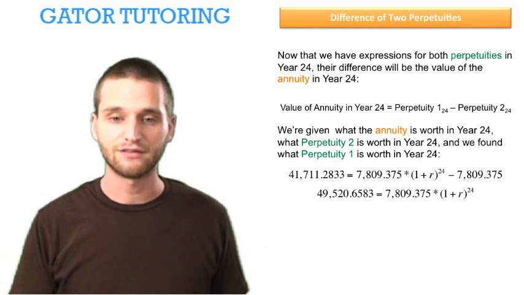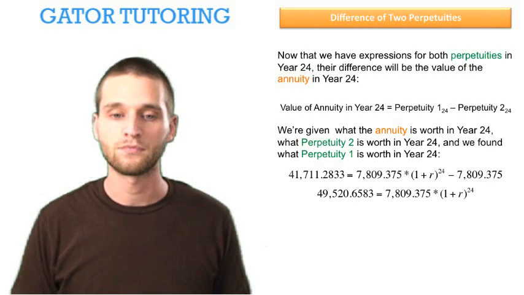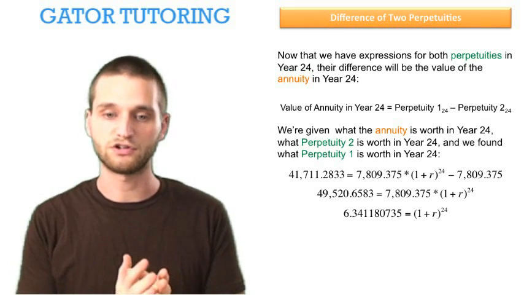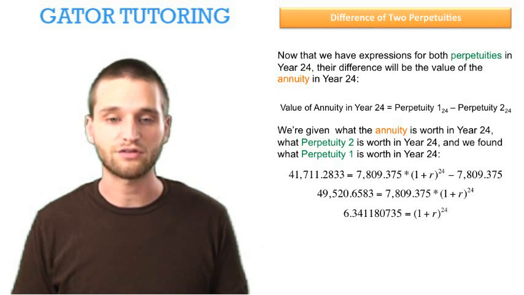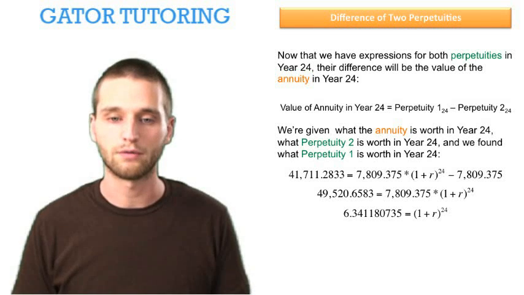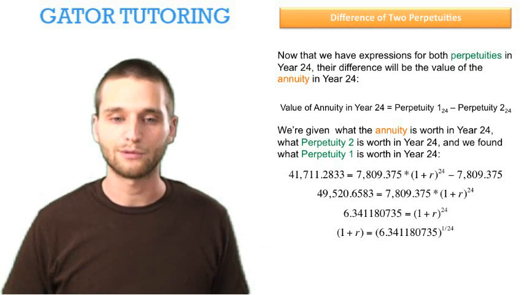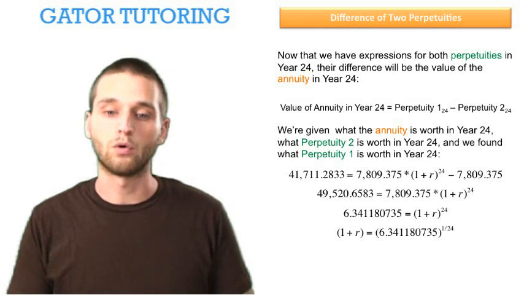First, we want to add the $7,809 to both sides to eliminate it, and then we want to just divide by the $7,809. That's the coefficient on the 1 plus r raised to the 24th power. And we get 6.34 equals 1 plus r raised to the 24th power. To get rid of that 24th power, we just raise both sides to the 1 over 24th.